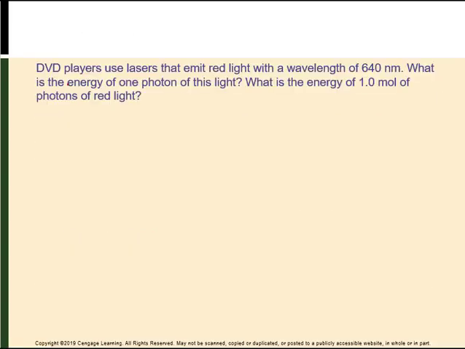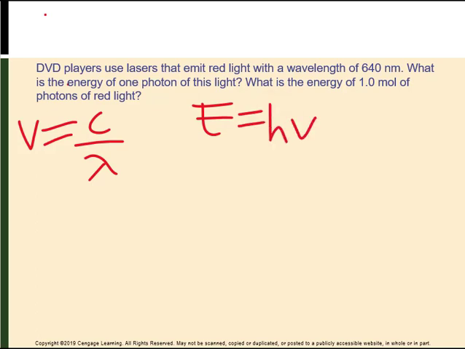Let's look at another problem. DVD players use lasers that emit red light with a wavelength of 640 nanometers. What is the energy of one photon of this light? So remember that ν is equal to the speed of light over wavelength, and we know that E is equal to hν. So I'm going to take what this ν equals and plug it in.